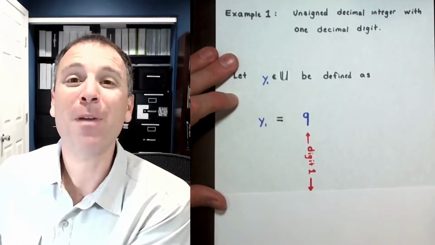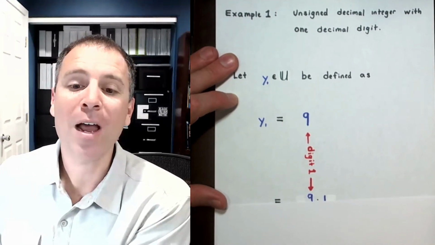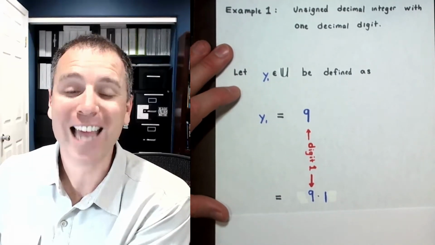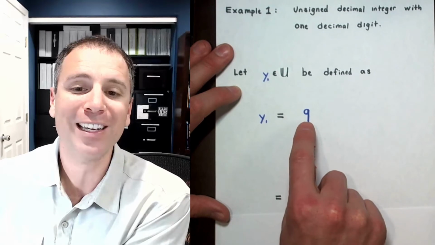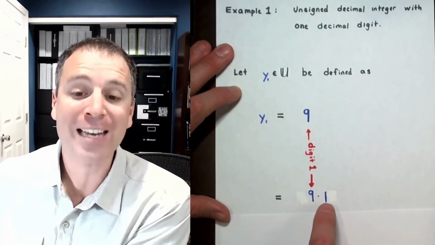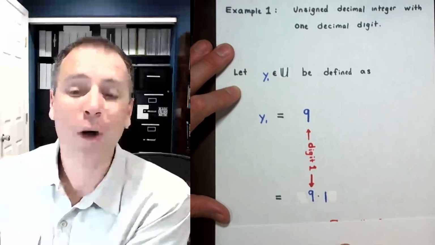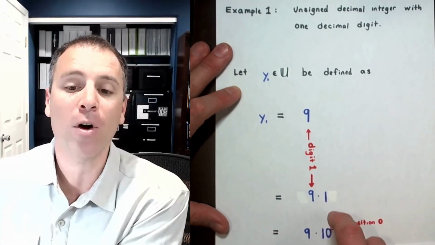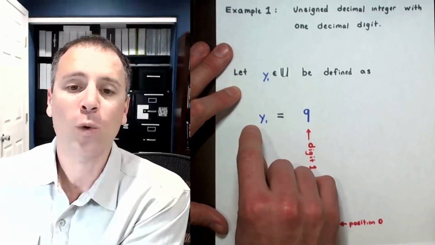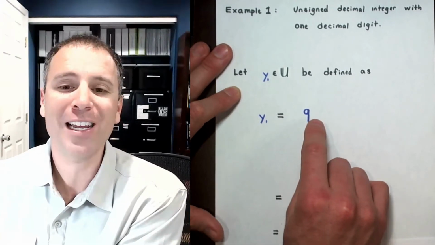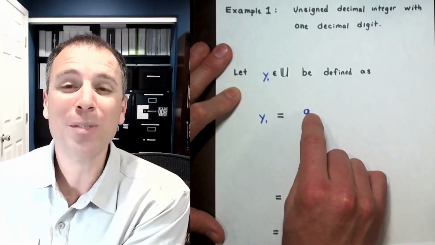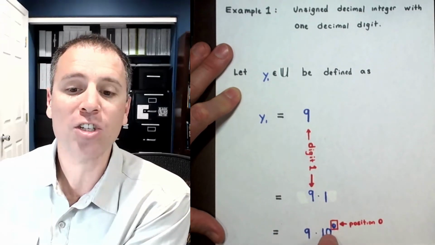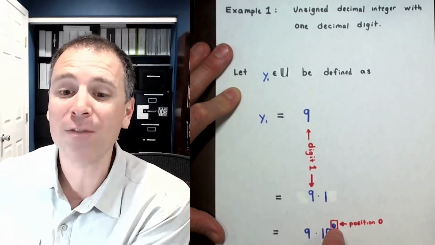But when we're thinking about the value represented by that number, that is represented with respect to what we call base 10 representation. So specifically, 9 is actually 9 times the number 1. And the number 1 is really special because that's actually 9 times 10 to the 0. Remember, 10 to the 0 is 1. So when we say that y1 is equal to 9, what we're saying is when we're counting groups of size 10, there are 9 groups of size 10 associated with the power of 0.